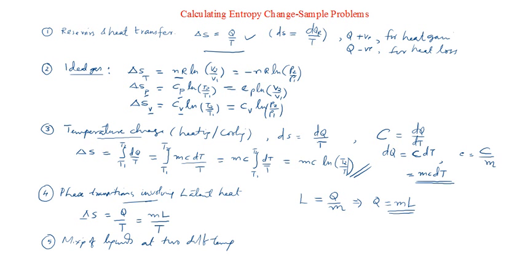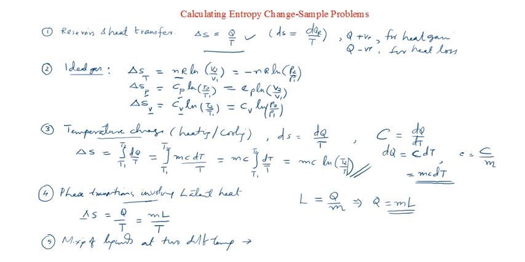So in this case, how do we calculate the total change in entropy? First of all, you will have to find out the resulting temperature of the mixture. Then you have to individually calculate the change in entropy for each liquid. Suppose a liquid at low temperature is mixed with a liquid at high temperature, so there will be an intermediate temperature.